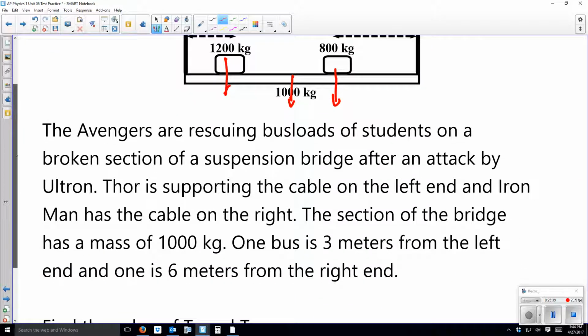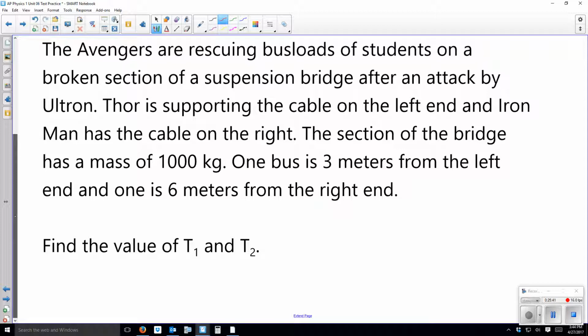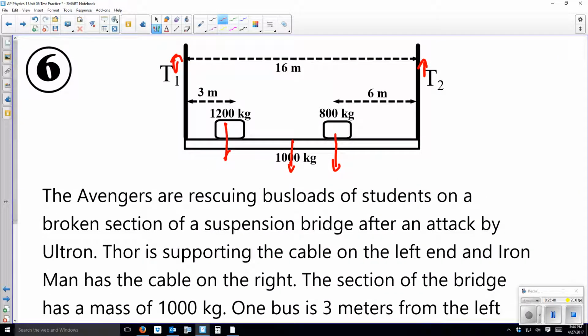So I'm going to start with net force. Net force equals ma. Because I want my acceleration linearly to be 0, my net force has to be 0.